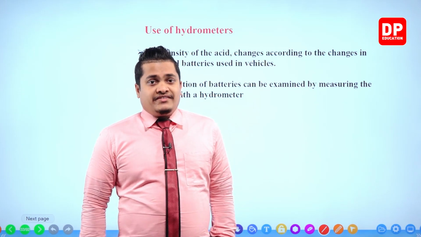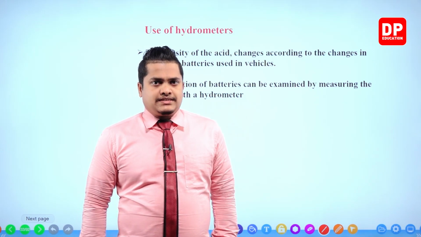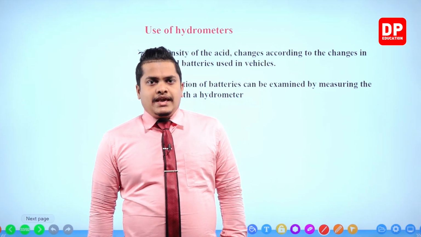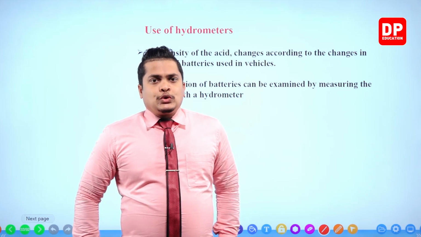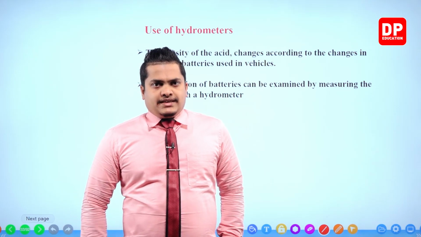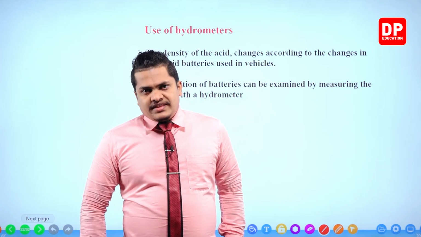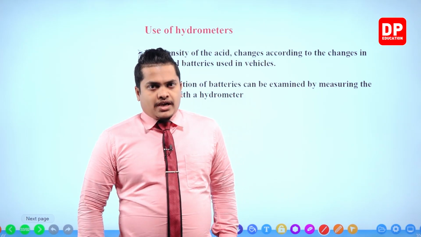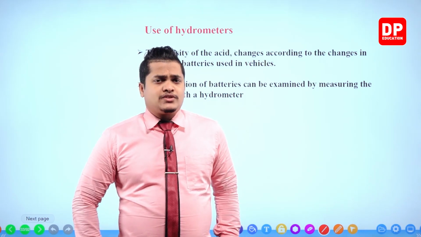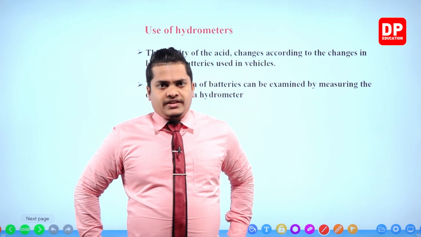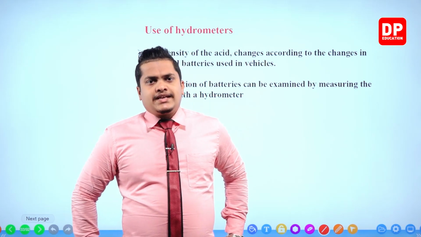You know that even in the previous lesson we discussed that some metals get dissolved within acids. When dissolving these metals within the acid, the density of the acid changes from time to time. When time passes, the density is going to change. As you know, when several substances are dissolved within a certain solution, the density changes.